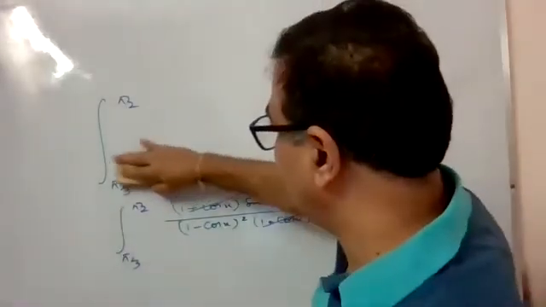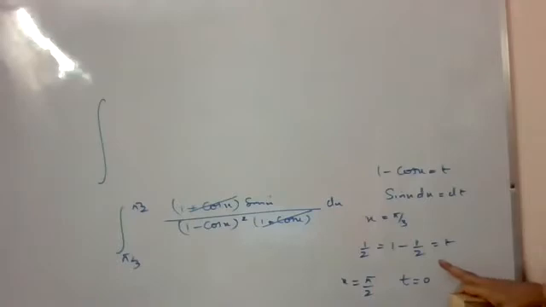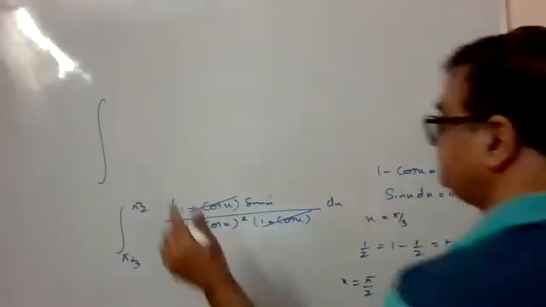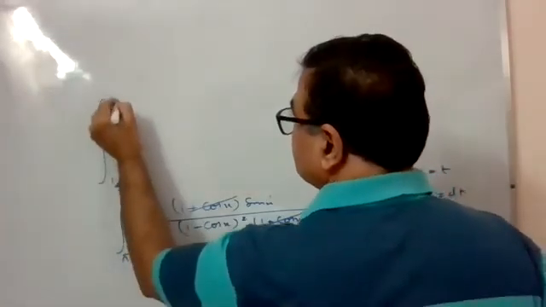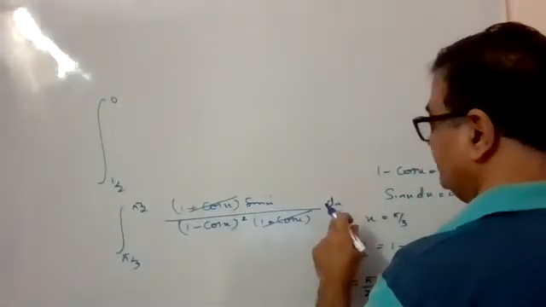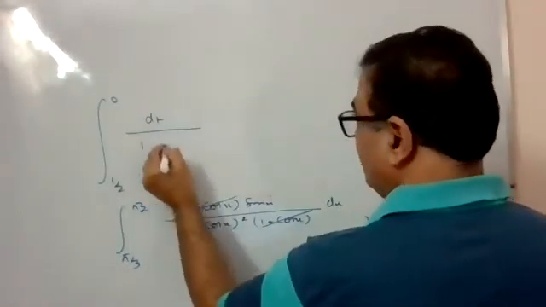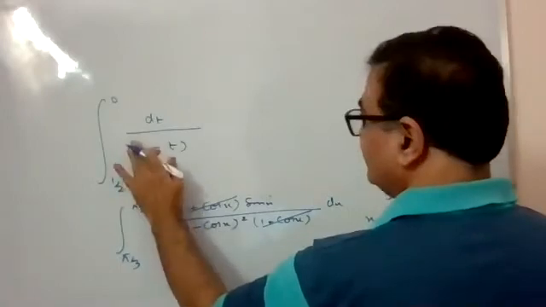So what will the limits be now? The limit will go from half to 0. And sin x dx will be dt, by (1 minus t) whole square, or t square remains.